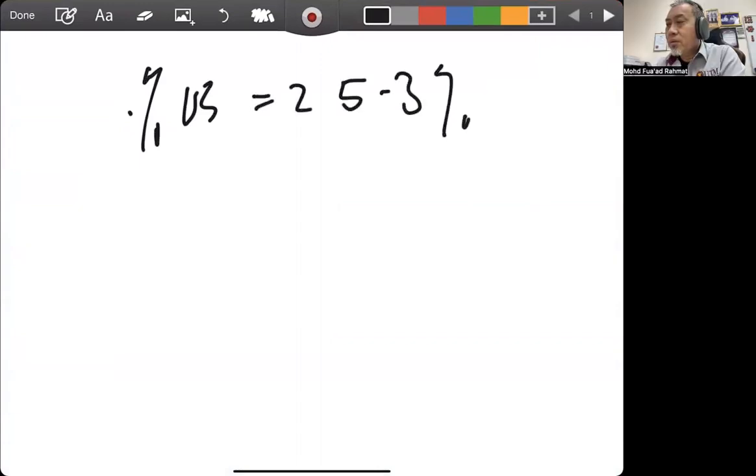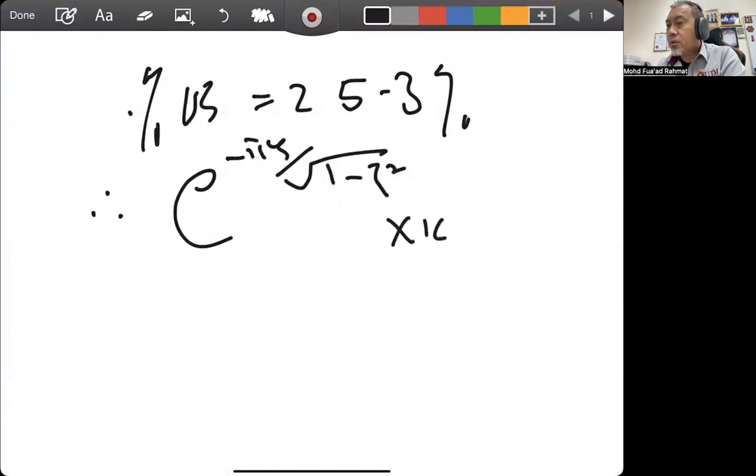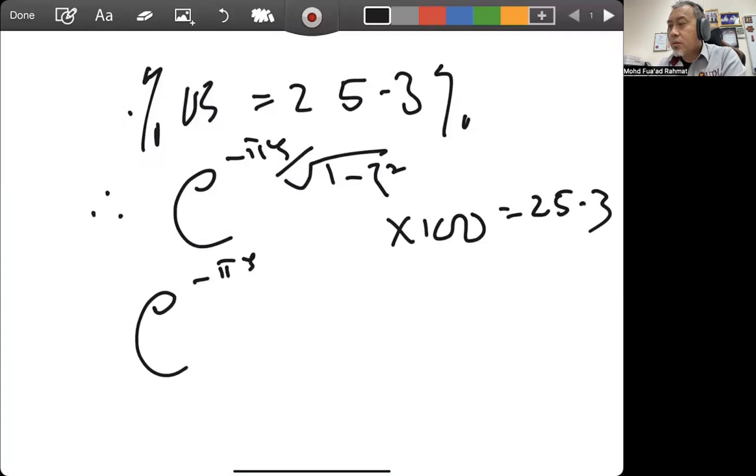25.3%. So exponent of 1 over zeta square, 25.3. So exponent of 0.253. Okay, and then we apply ln.